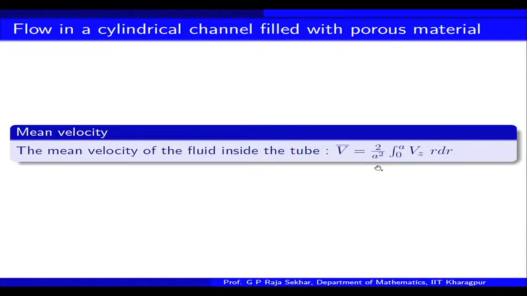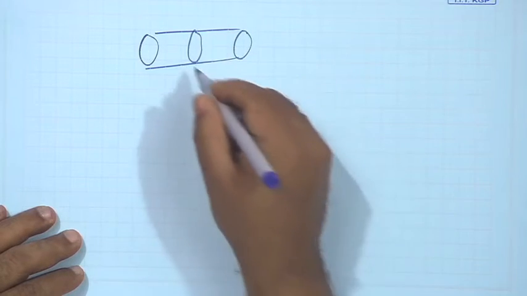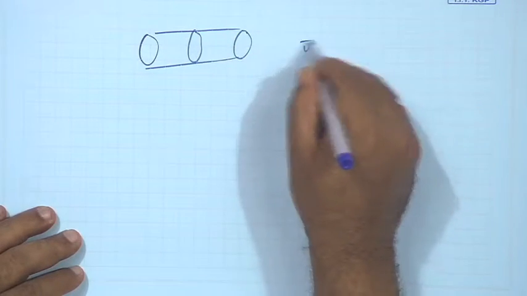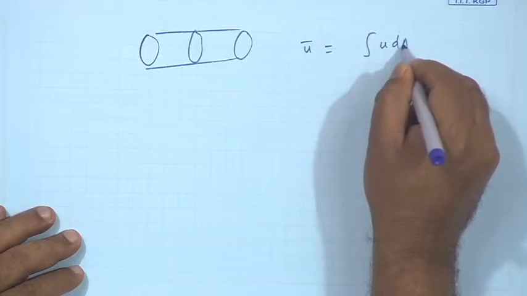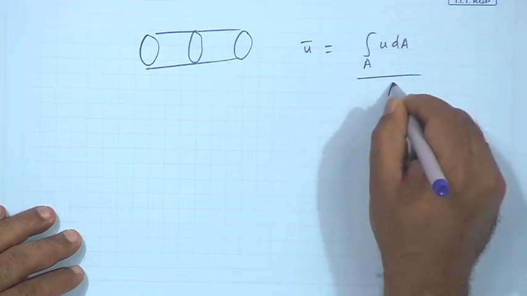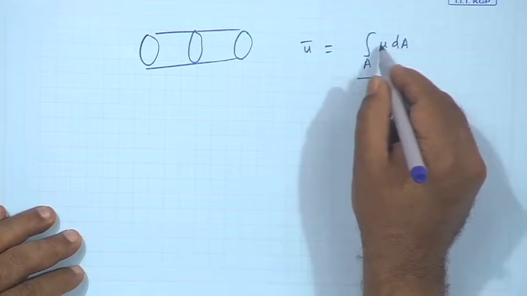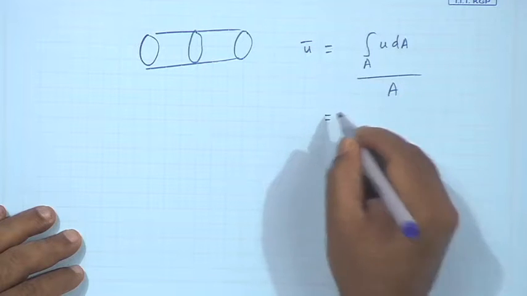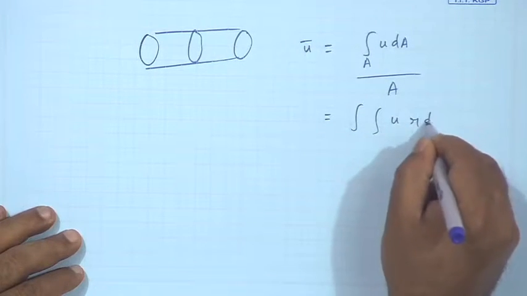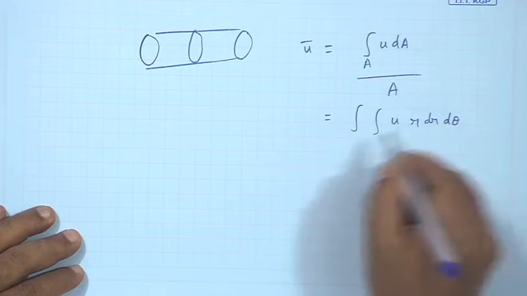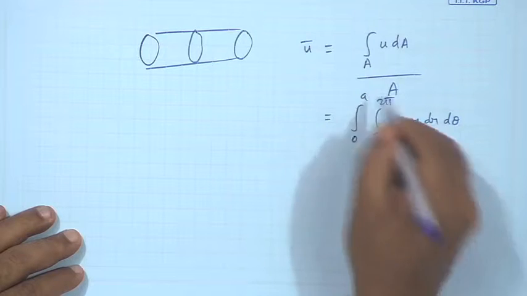So, we would like to compute the mean flow. Okay. So, we take a cross section, and then we would like to compute the mean flow. That is nothing but u integrated along this area divided by the area. Okay. So, the corresponding areal element is u r dr d theta, where theta is 0 to 2 pi and r is 0 to a.